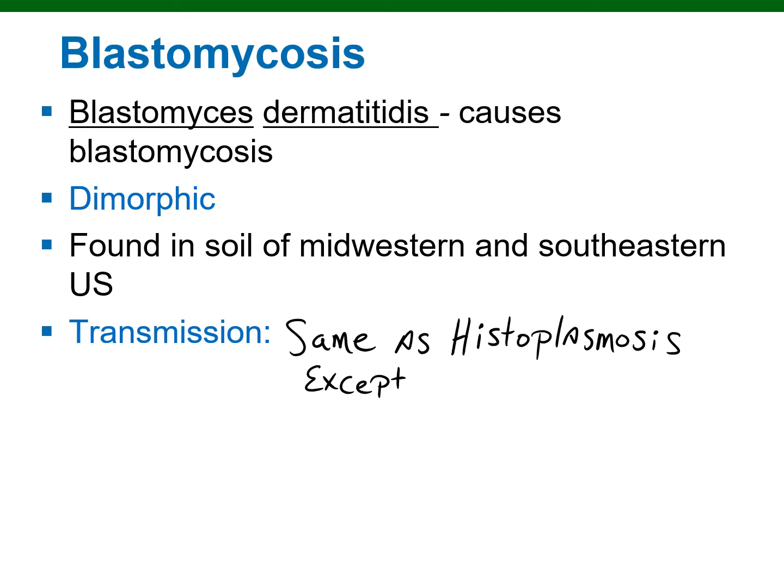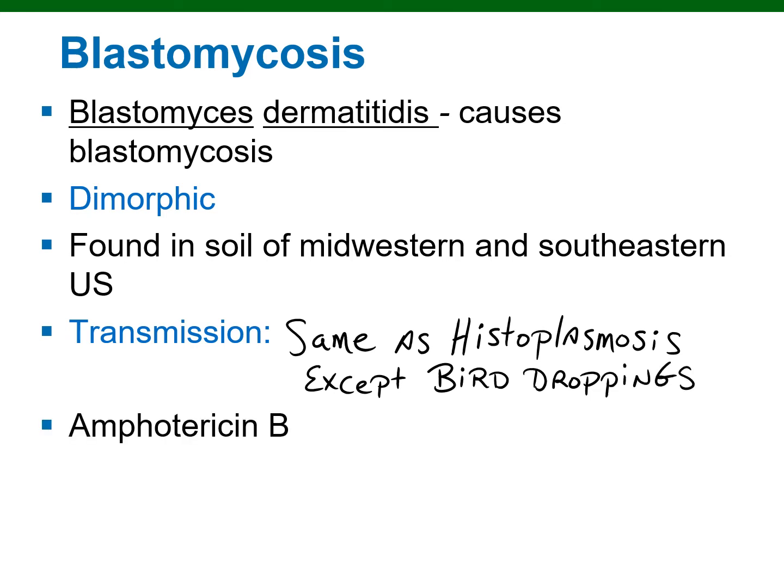So blastomycosis is not associated with the bird droppings. So it's a bit more mysterious as to why it pops up where it does. And the treatment seems to be the single drug amphotericin B. So in serious cases where people are hospitalized and or need treatment, this is the drug of choice.